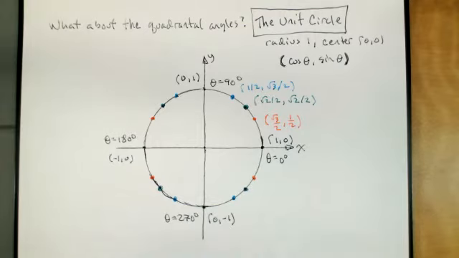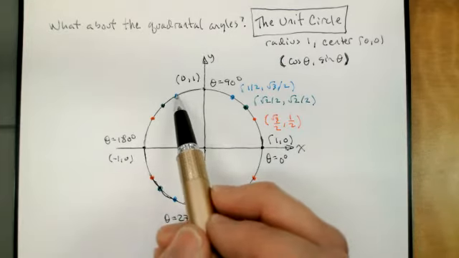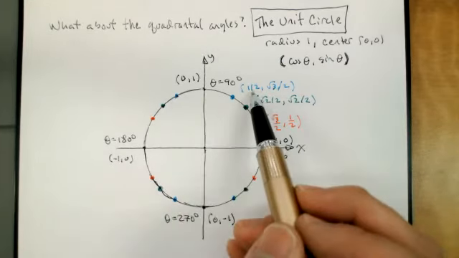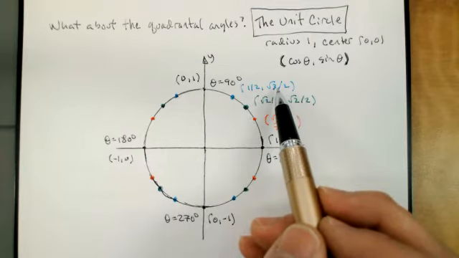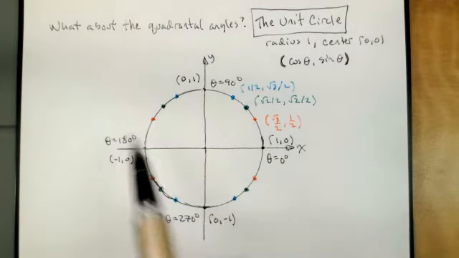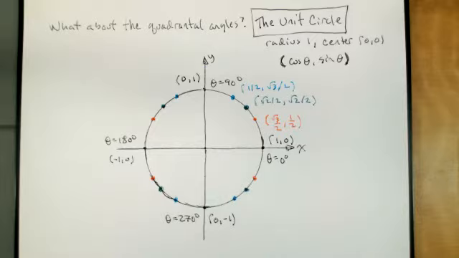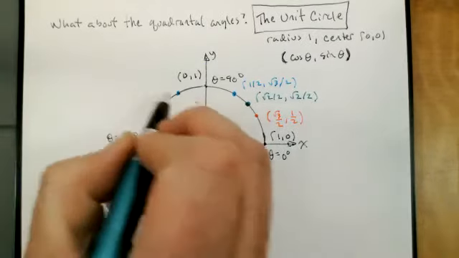Notice that in the second quadrant, the x coordinates are all negative, where the y coordinates are positive. So when we get to this 120 degrees, I'm going to take 1/2 and √3/2 and translate that over into the second quadrant. In the second quadrant, x is negative, so cosine is negative.